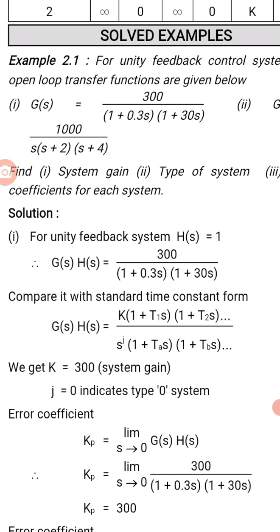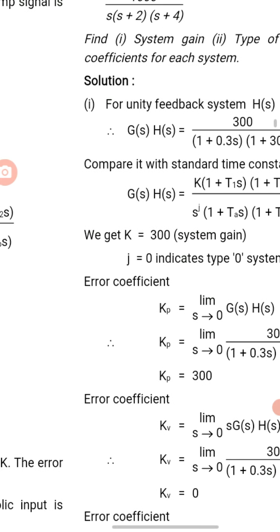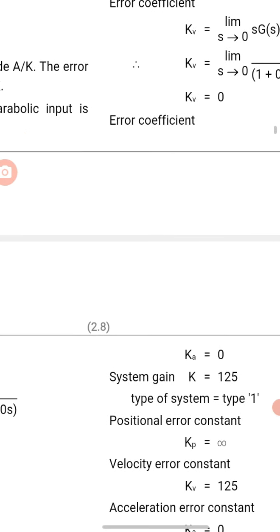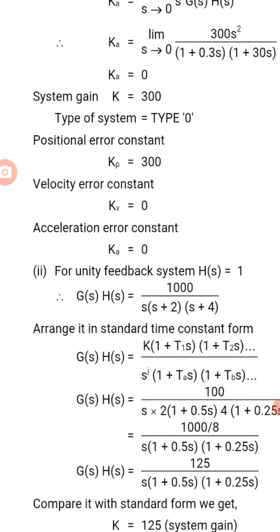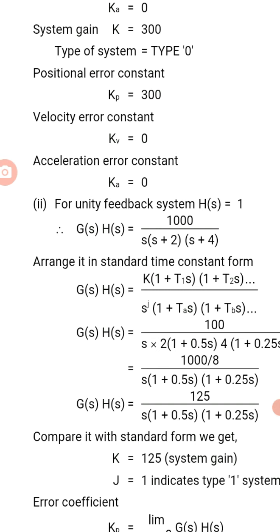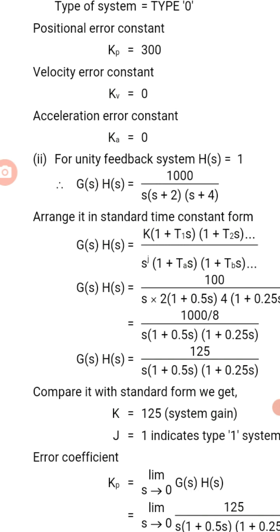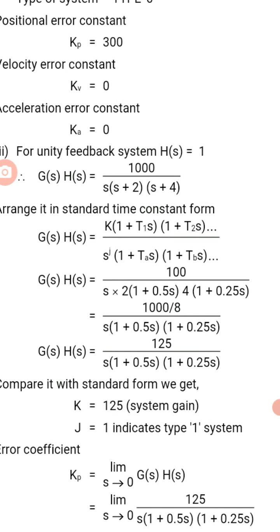For the second, G of S is equal to 1000 upon S into bracket S plus 2 into bracket S plus 4, and H of S is equal to 1. Then arrange it in the time constant format.